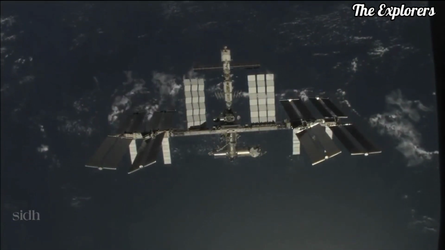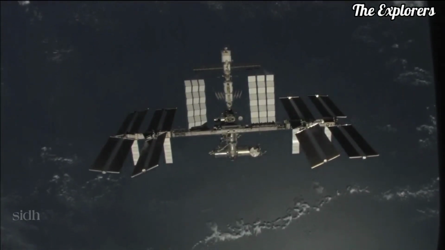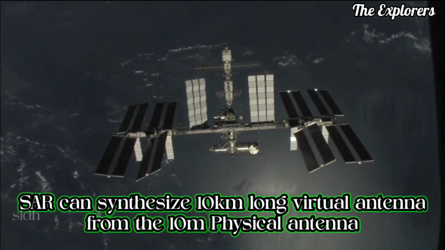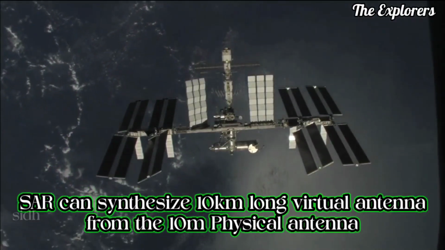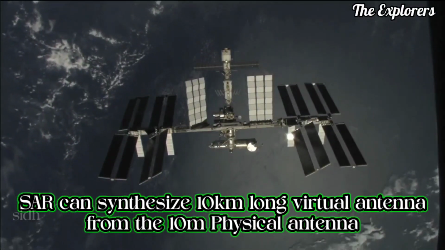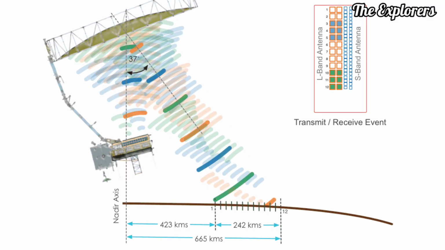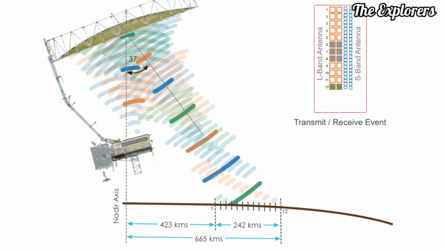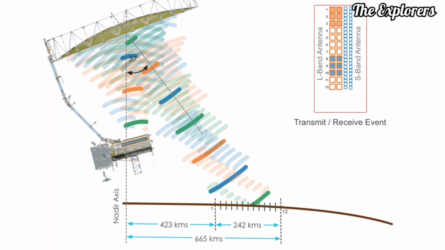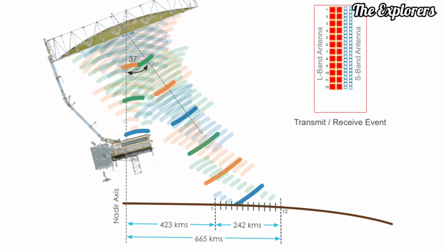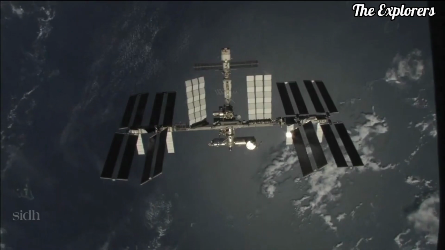So here the SAR technique takes advantage of the fact that the radar is moving in orbit to synthesize a virtual 10-kilometer long antenna from the physical 10-meter antenna in the direction of flight. As the radar moves along its path, it sweeps the antenna's footprint across the ground while continuously transmitting pulses, which are short signal bursts separated by time, and receiving the echoes of the return pulses.